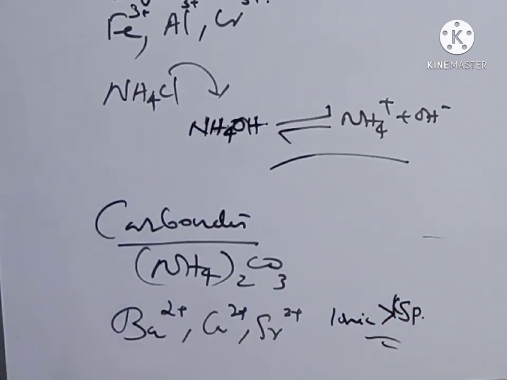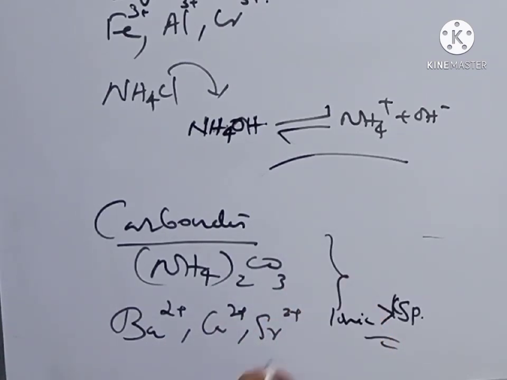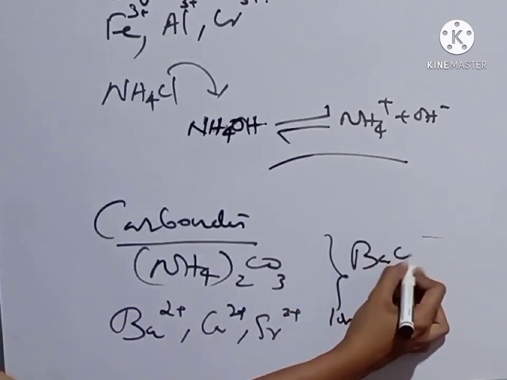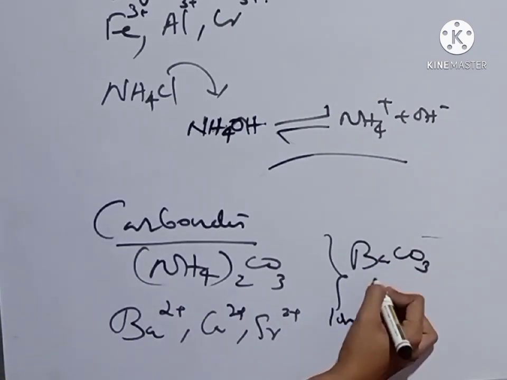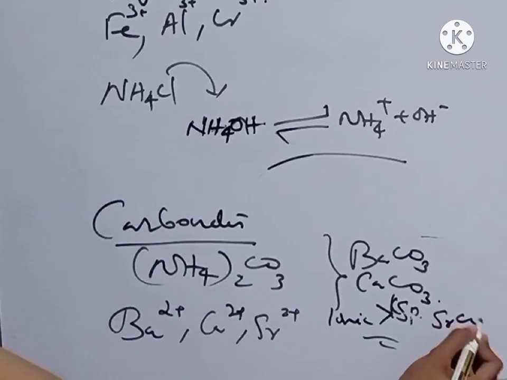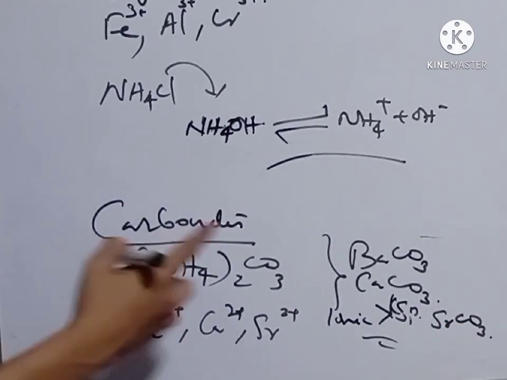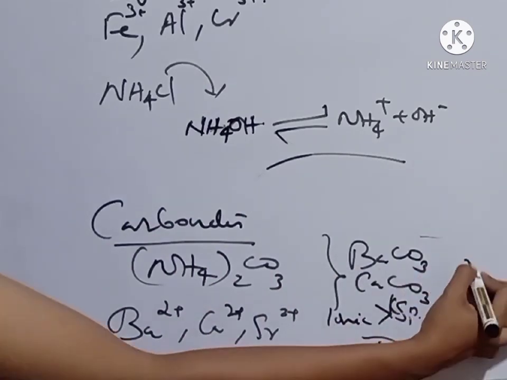So these metals precipitate as barium carbonate, calcium carbonate, strontium carbonate, etc. And these metals precipitate in group 5.